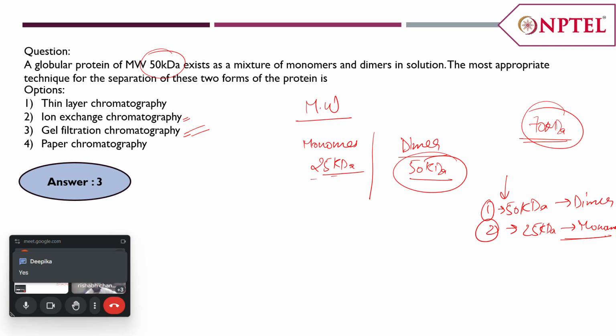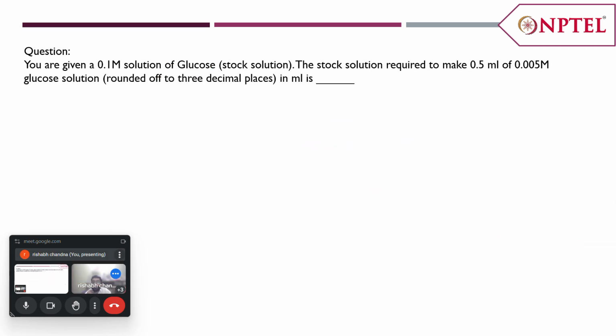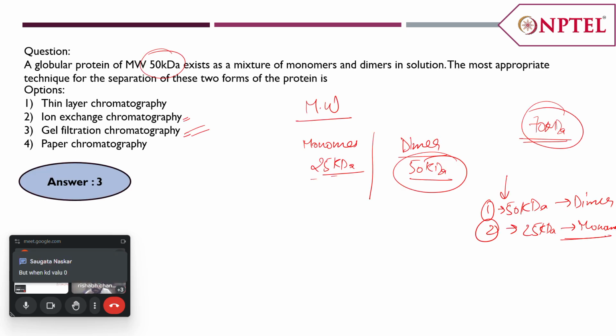Okay, so let's move on to the next question. So this is calculation based. KD is the distribution coefficient, right? So KD is inversely proportional to the molecular weight every time.